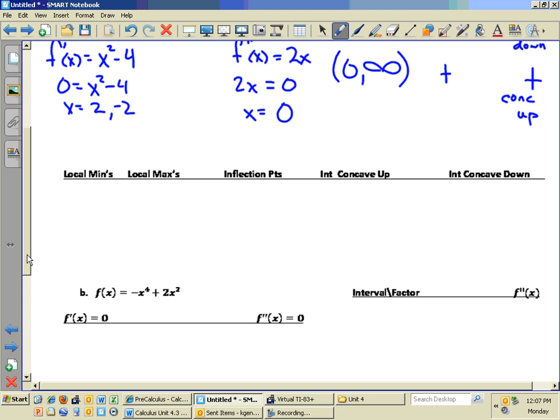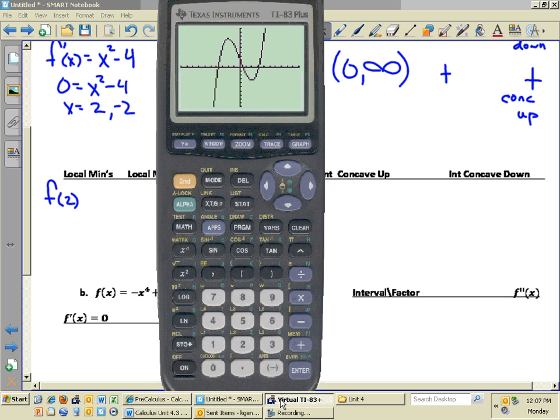But for our local mins and maxes, did the local min happen at 2 or -2? 2. What is the function evaluated at +2? I'll plug in a value of 2, and I get -3 1/3.